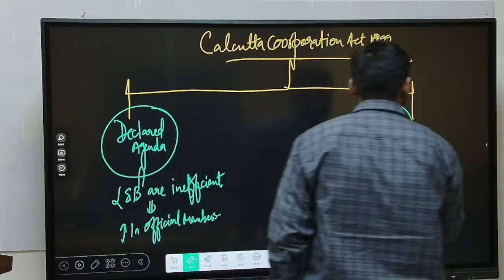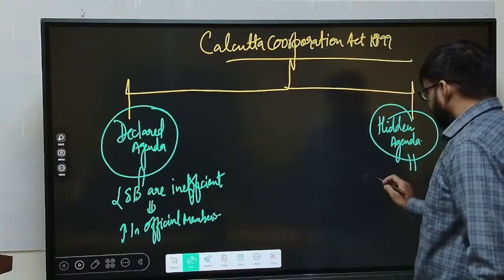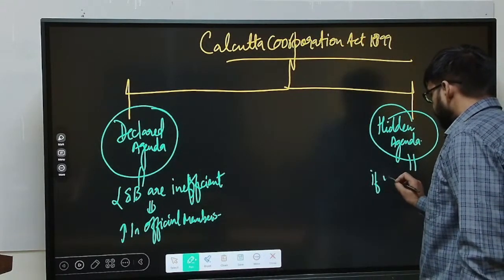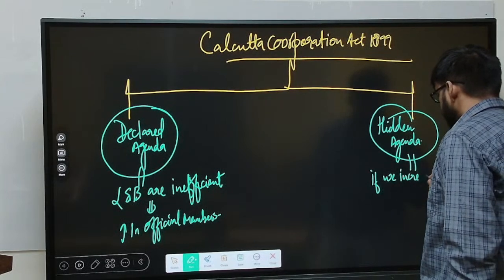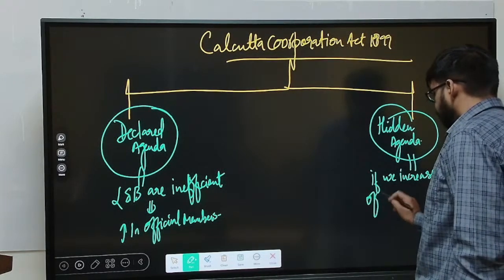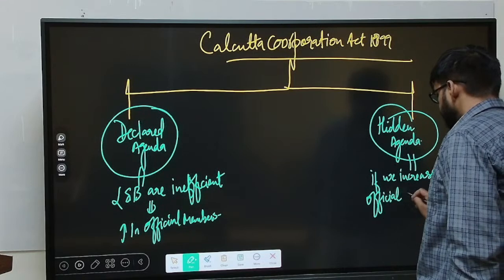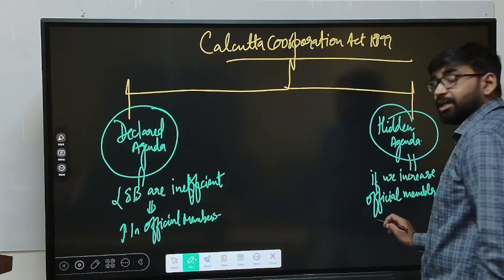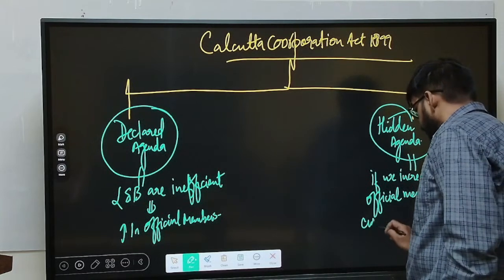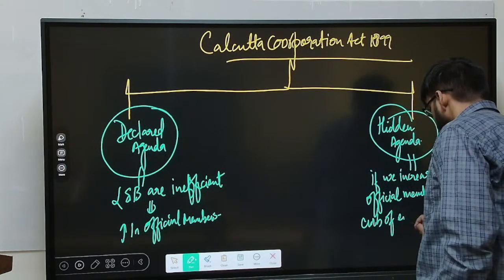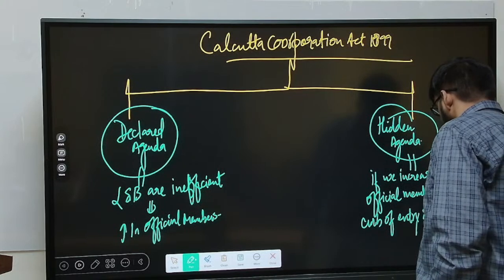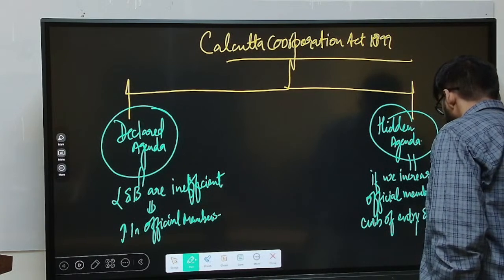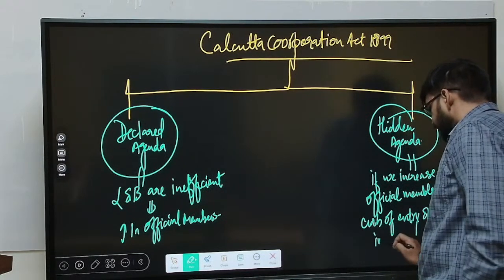The hidden agenda of Curzon was, if we increase official members, it resulted in curbing the entry of Indians into legislative councils.